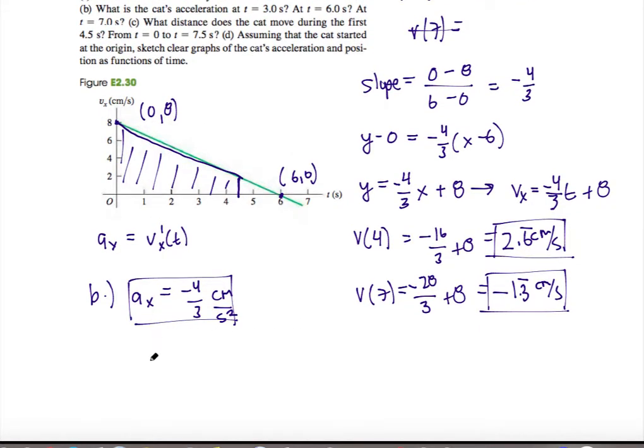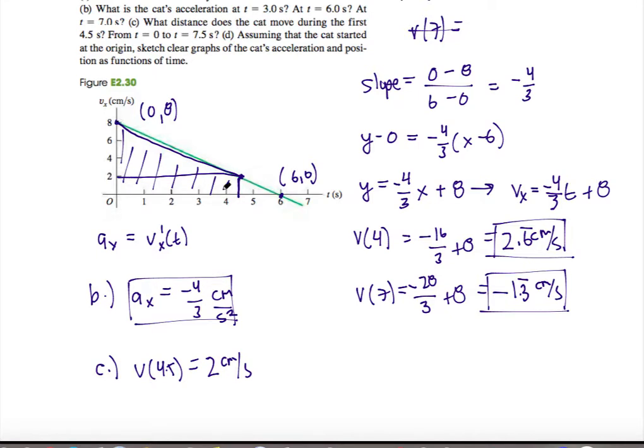So for the first 4.5 seconds, I can go through and find this area. So I'm going to go ahead and find this point. So I want to find velocity at 4.5 seconds. And so plugging that into my equation from part A, I have negative 4/3 times 4.5 plus 8, which is around 2 centimeters per second.